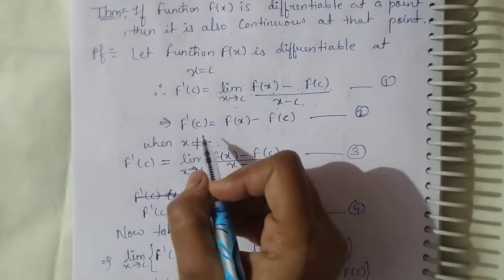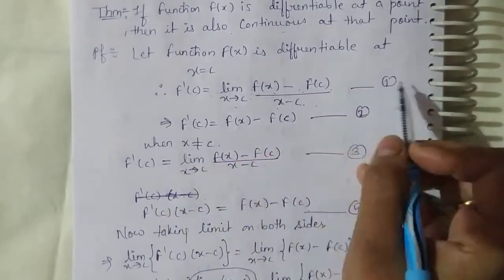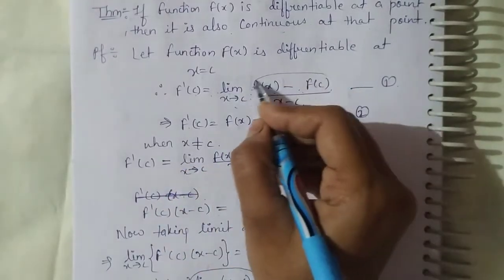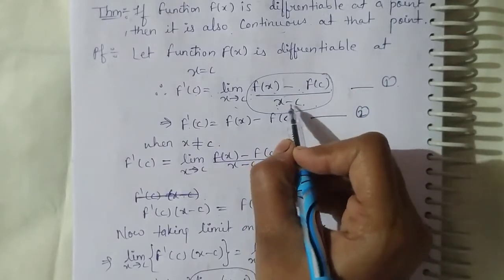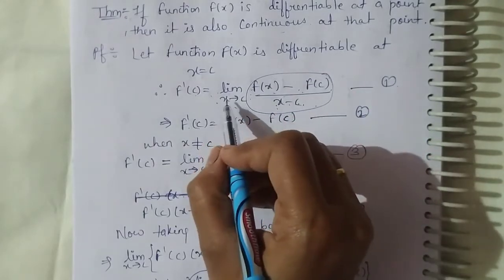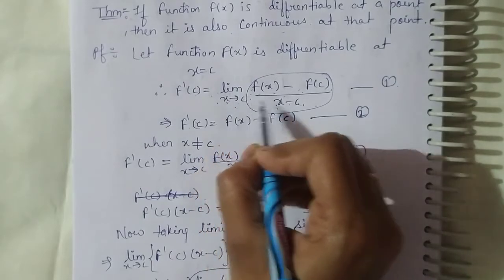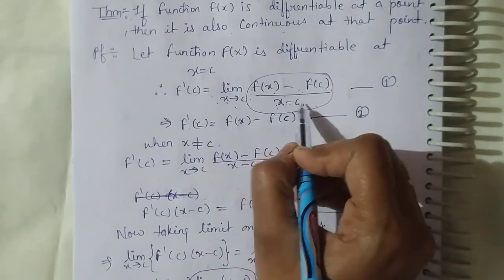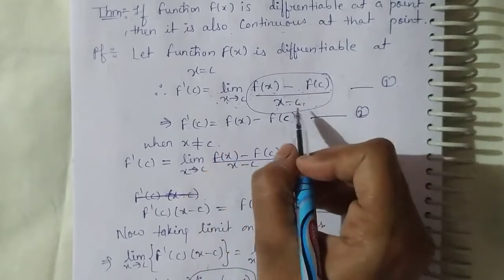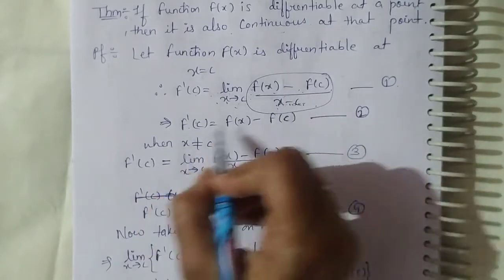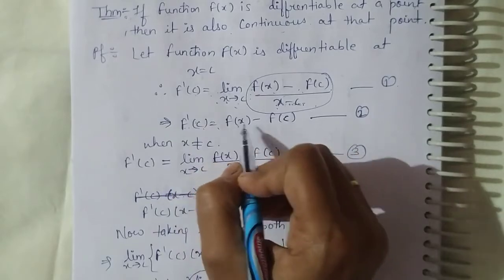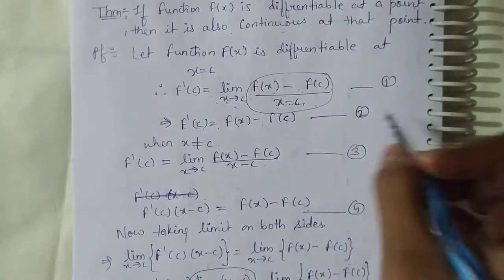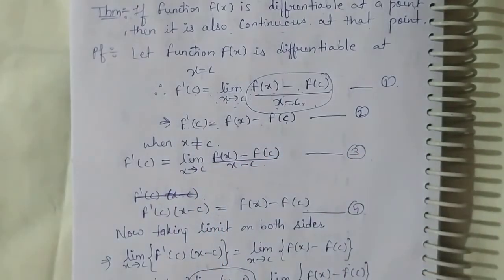Now when we put x tends to c, we get x minus c, c minus c is 0. This whole term reduces to 0 and we get f dash of c is equal to f of x minus f of c. Take this as equation second.